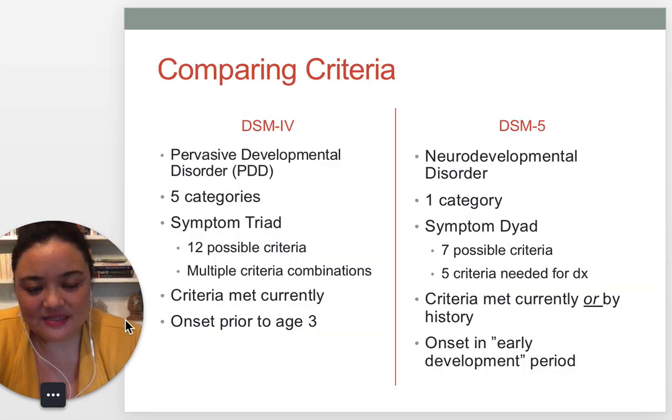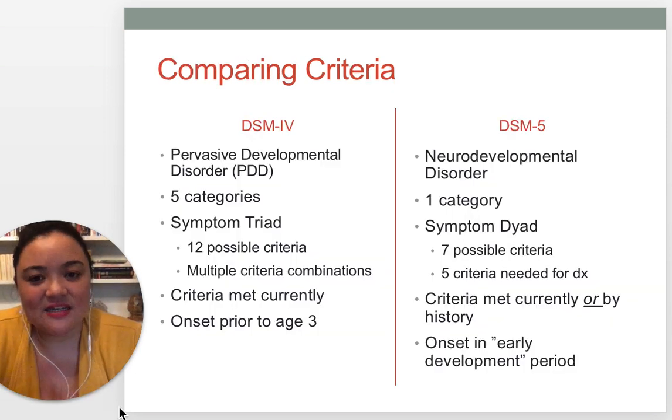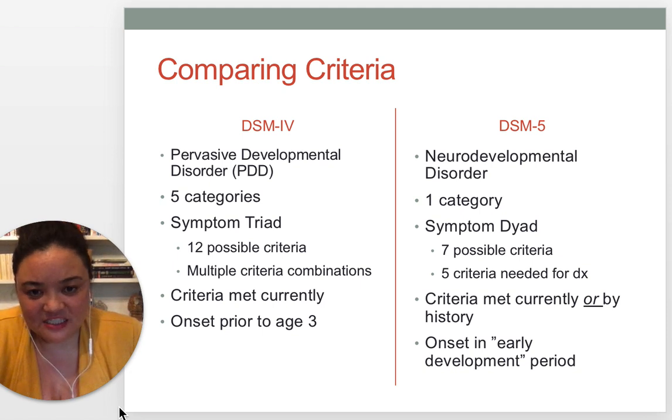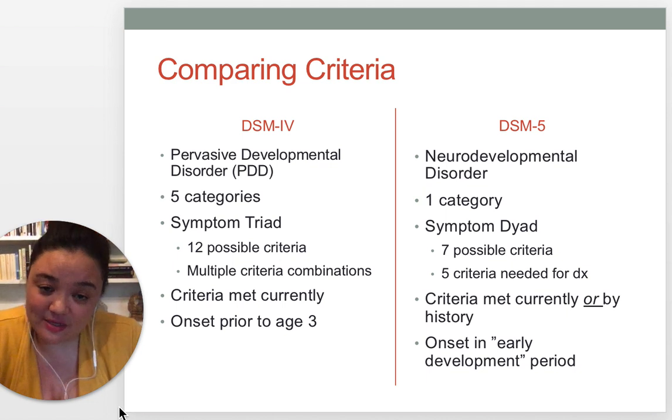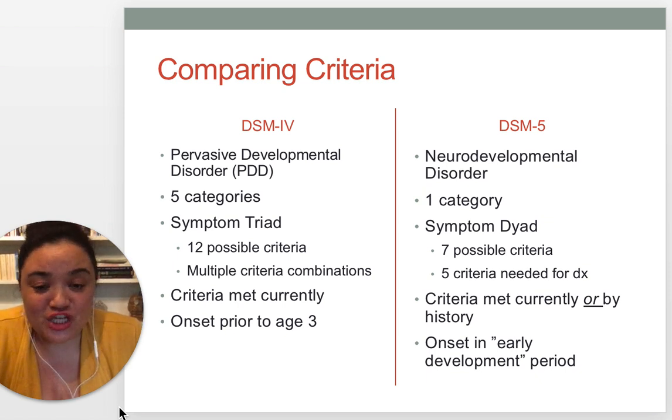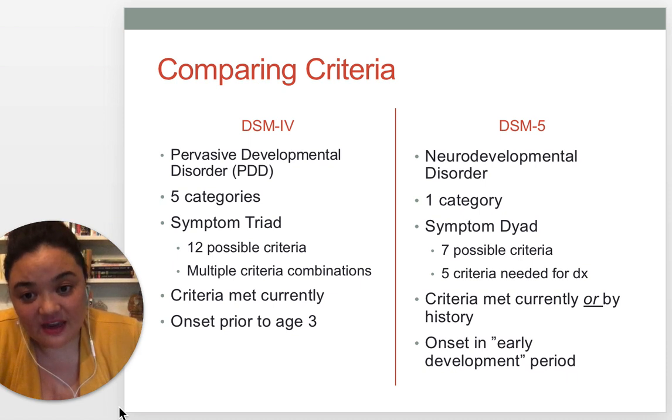Now, I did mention that the DSM, the Diagnostic and Statistical Manual for Mental Disorders, is updated periodically. DSM-5 came out in 2013, and with the DSM-5, they did change the criteria that we use now to define autism.